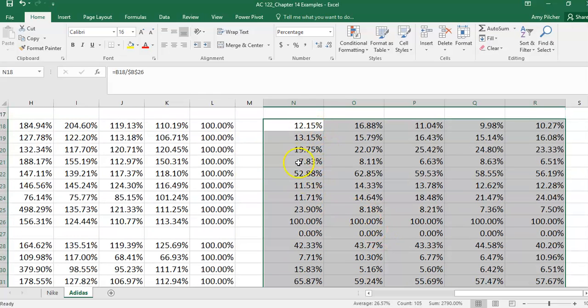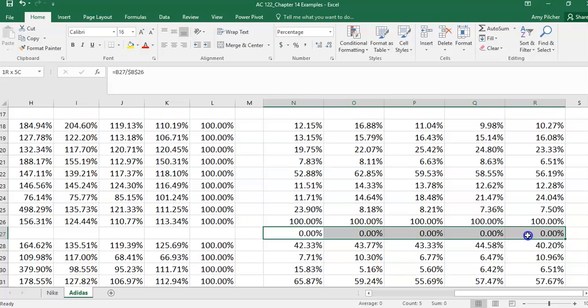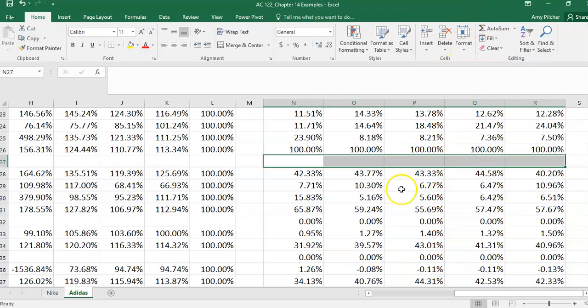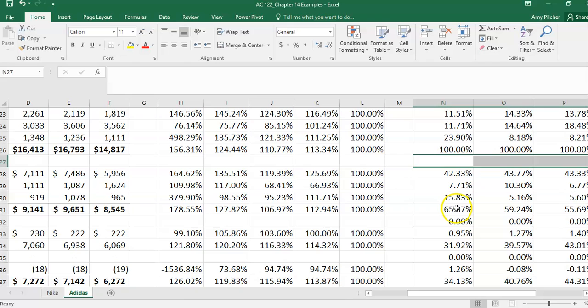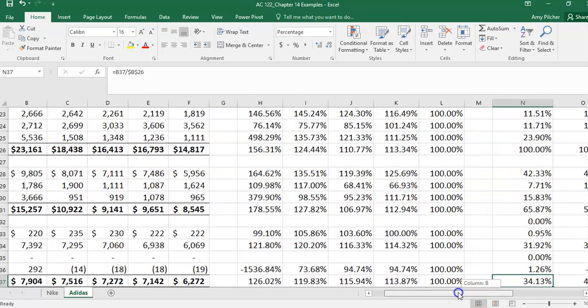And we look at our information there with our 100% line being total assets. So here we can look at our debt to equity or total liabilities to total equity line. And we see that they have more of a 65 to 34 equity section.